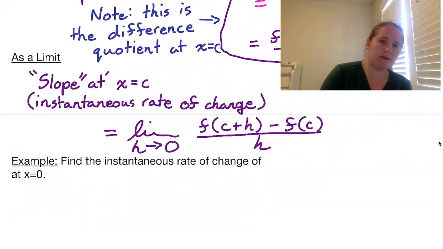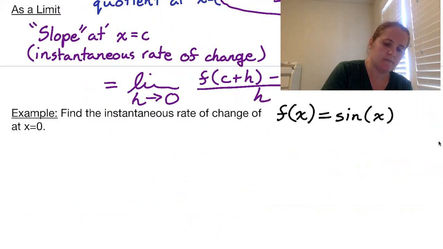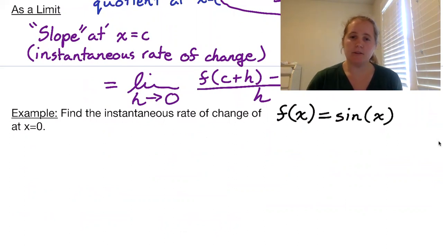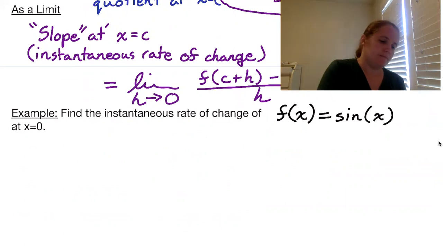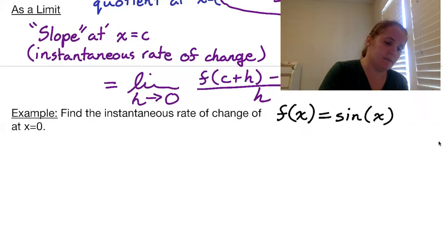So for a quick example, let's go ahead and find the instantaneous rate of change of the function f of x equals sine of x at x equals 0. So we can think of this now as taking the limit as h goes to 0 of these difference quotients. We're looking at a bunch of secant lines and letting the lines get closer.